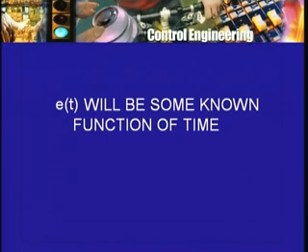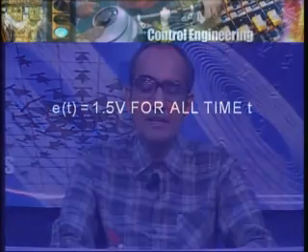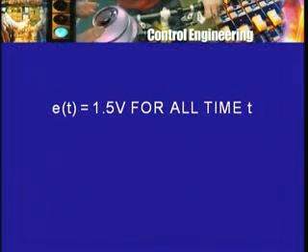For example, if I have this cell freshly bought, freshly prepared, not very old, then I can expect that this E of t will be nearly 1.5 volts all the time. So this E of t will really remain constant as I operate the cell for a fairly long amount of time.